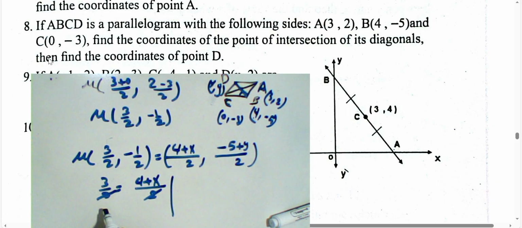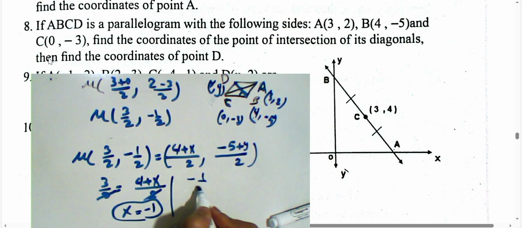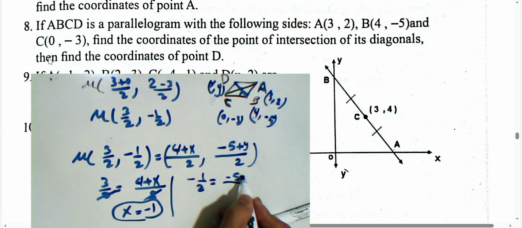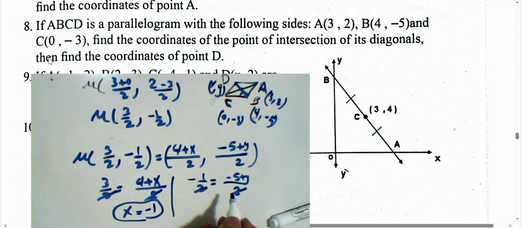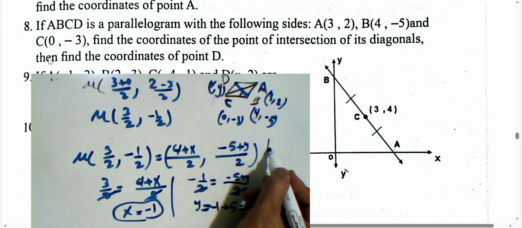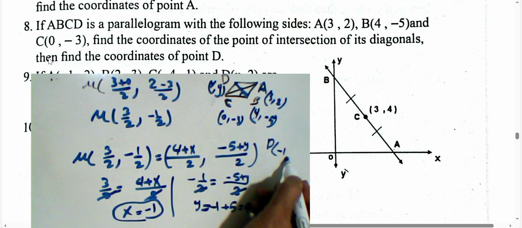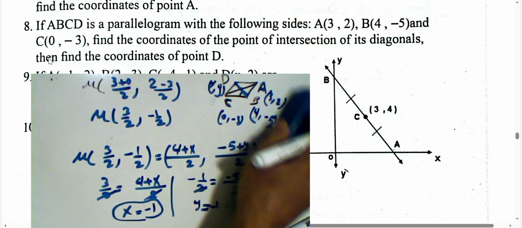We can cancel 2 by 2. Then 4 plus x equals 3, so x equals negative 1. And we write negative half equivalent to (negative 5 plus y) over 2, cancel 2 by 2. Then negative 5, move here, y equals negative 1 plus 5, which is 4. So the coordinate of point D will be (-1, 4).